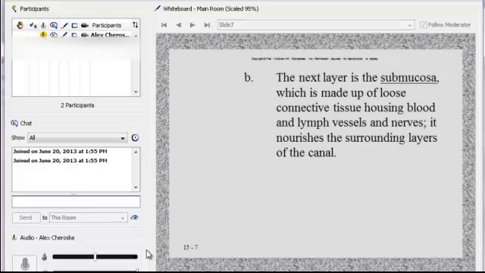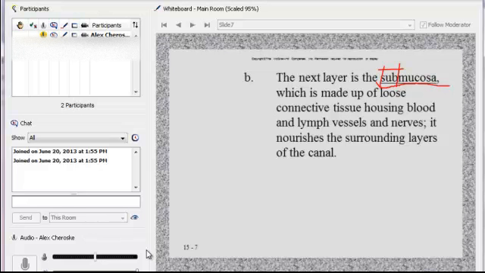The next layer is the submucosa, sub being underneath. This is kind of a mixed-up layer. It's a little like skin. The outermost layer of the skin was just epithelium. What was it called? The epidermis, right?